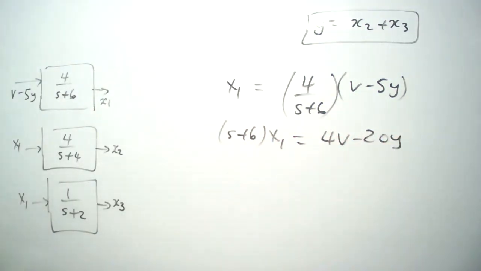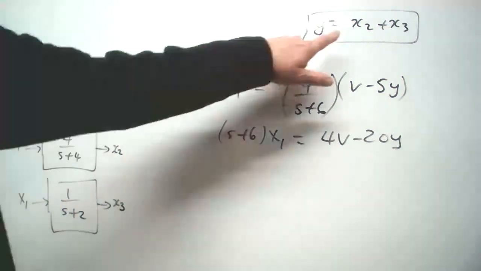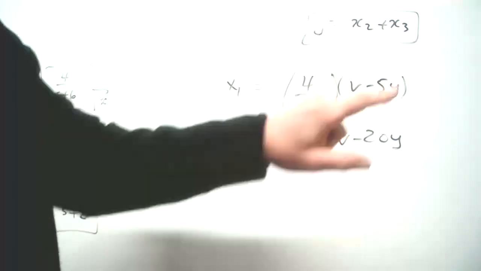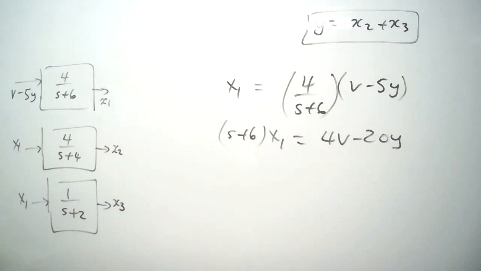minus 20y. Now y, I've made a mistake already. It's not y. You can't have y here. y is given by x2 plus x3, isn't it?